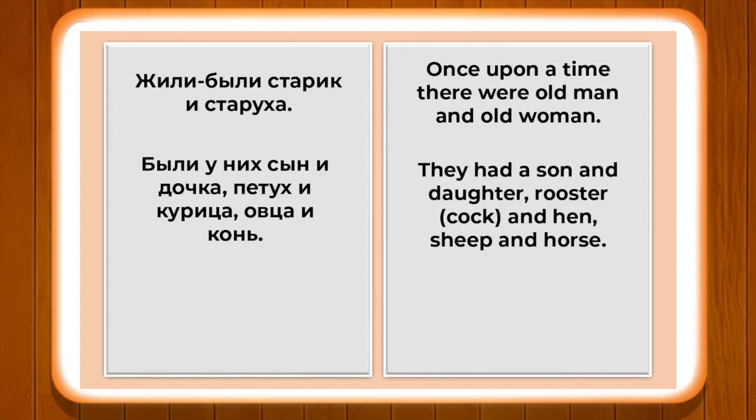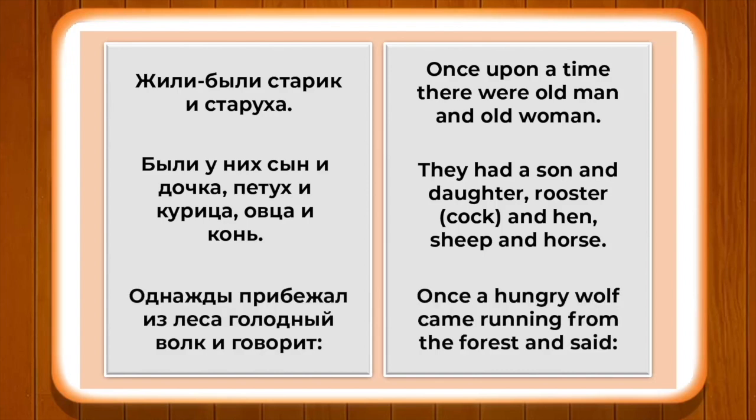The next sentence, let's see. Однажды прибежал из леса голодный волк и говорит. So here the word однажды means once. Прибежал is from the verb бежать, and при means coming in, where the movement is happening towards inside something, from somewhere.